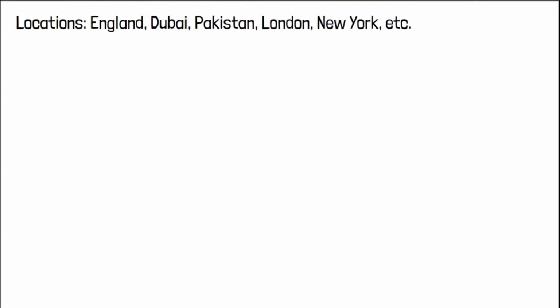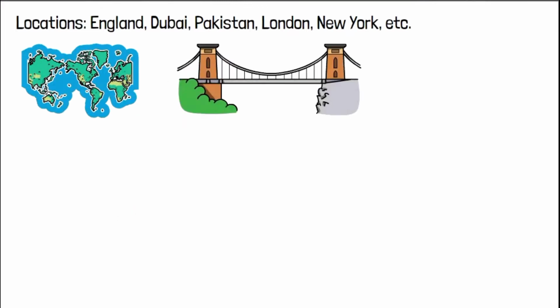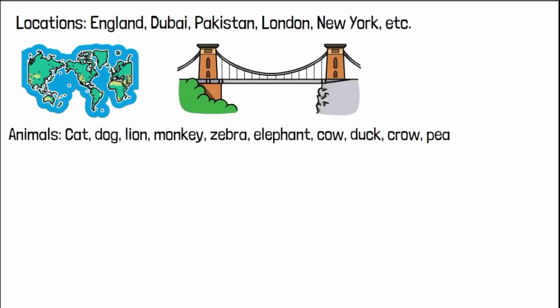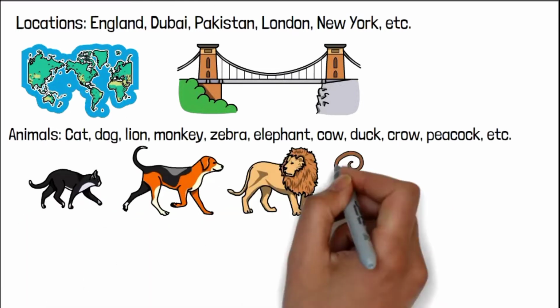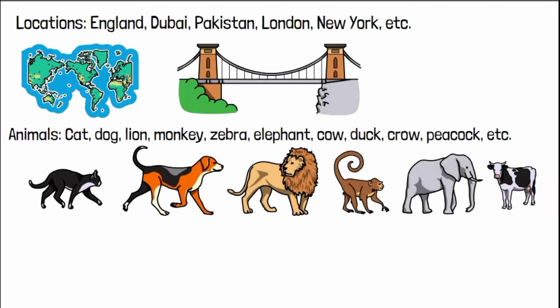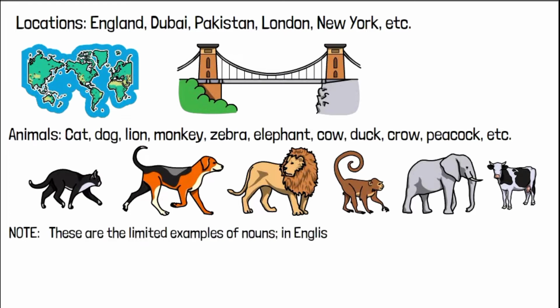The locations such as England, Dubai, Pakistan, London, New York, New Delhi. And the animals such as cat, dog, lion, monkey, zebra, elephant, cow, duck, crow, peacock. These are the limited examples of nouns.